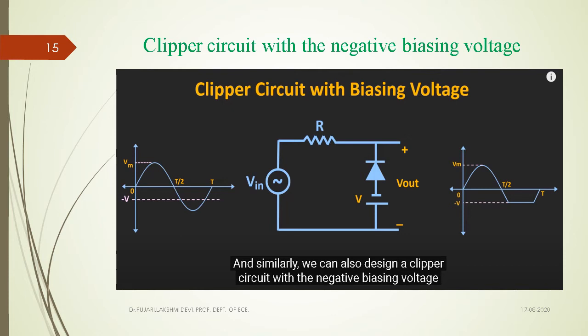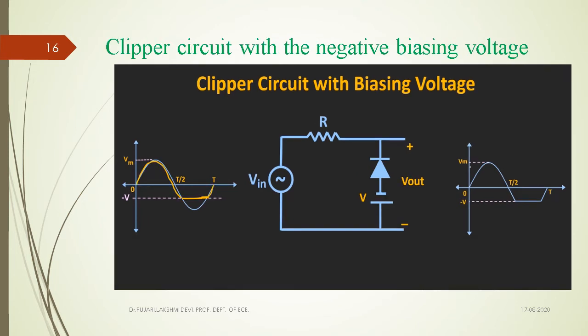During the positive half cycle, the cathode of the diode is positive and the anode of the diode is connected to the negative. During that particular period, the diode is in open circuit.